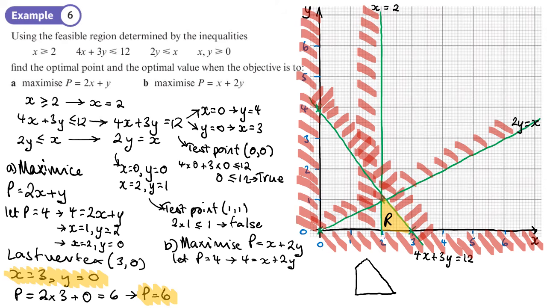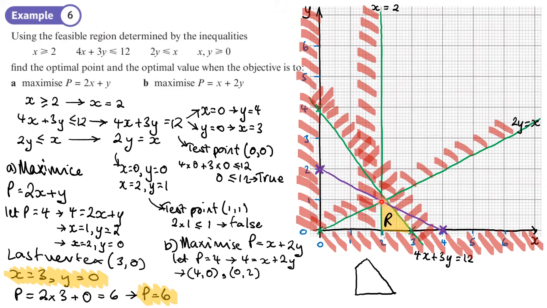So we want a couple of coordinates from that. So we could have, for example, x as 4 and then y as 0, or we can have x as 0 and y as 2. So we plot those 2 points. Okay, so there's our objective line drawn in here.